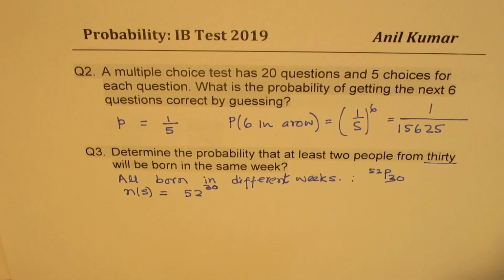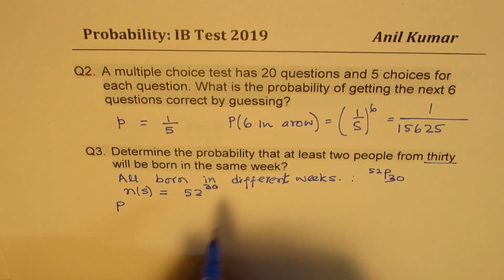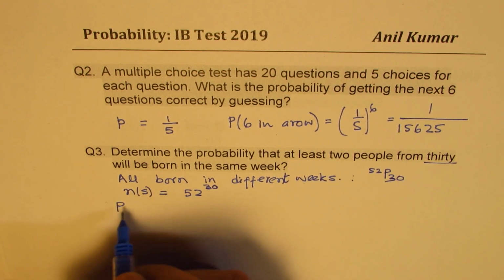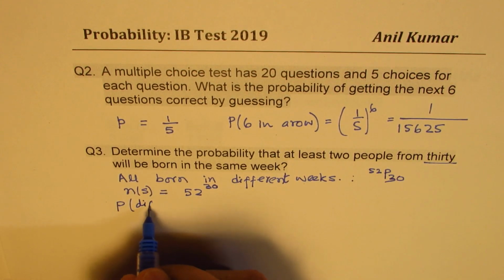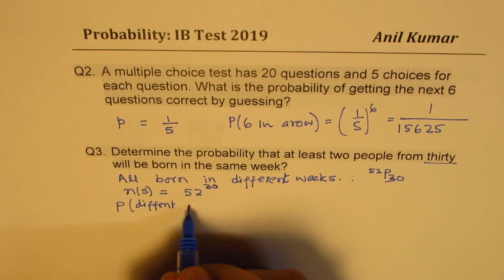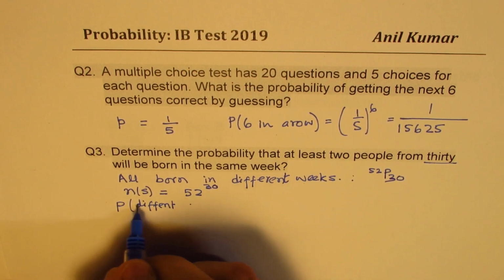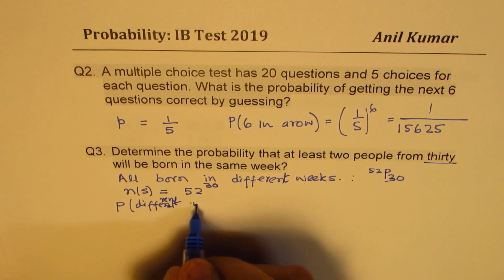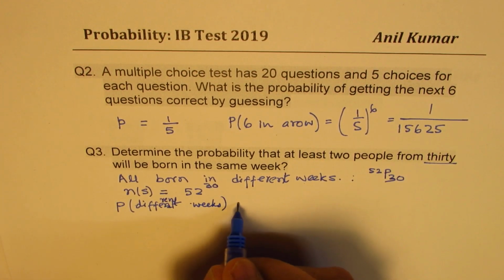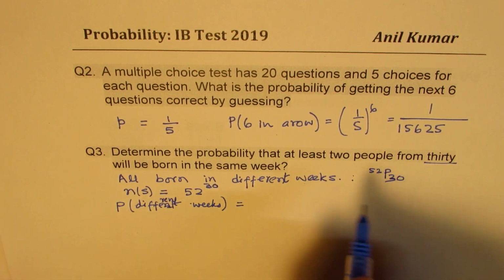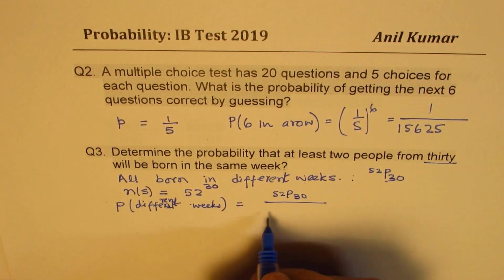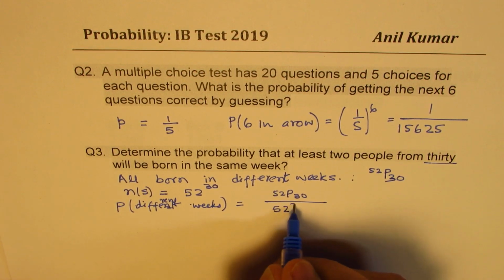So we can actually find the probability of different weeks as equal to 52p30 divided by 52 to the power of 30.